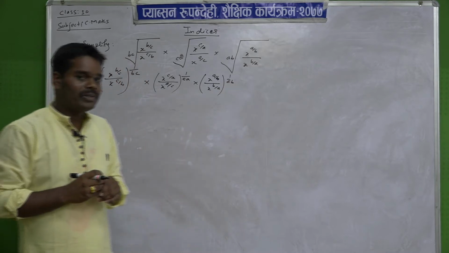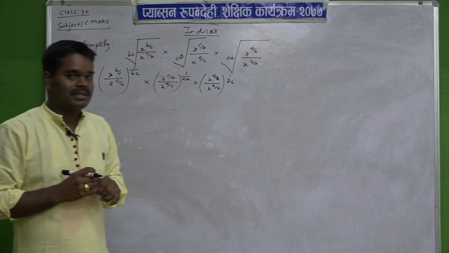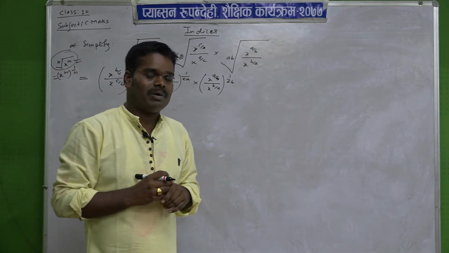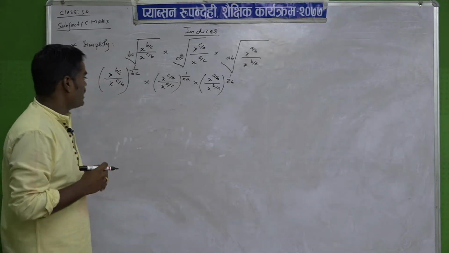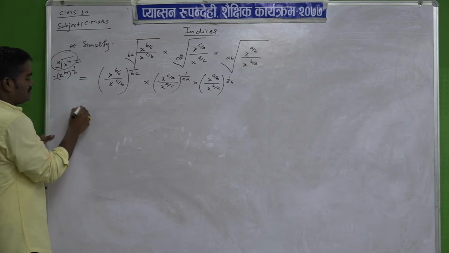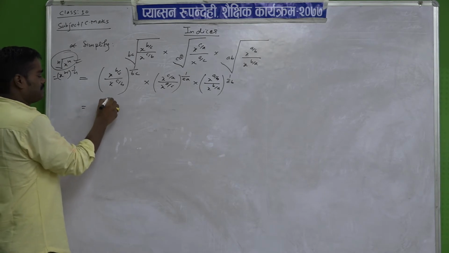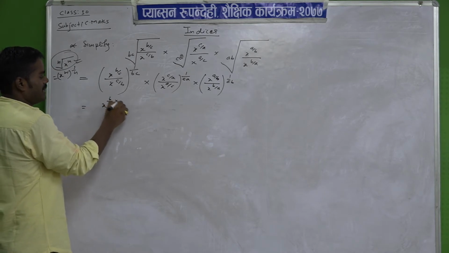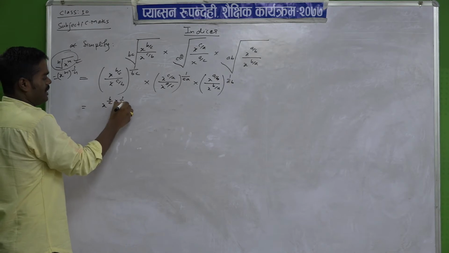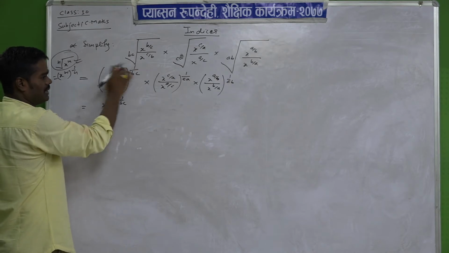We know that if power over power, then they are multiplied. So it became x power b by c into 1 by bc, power over power, then they are multiplied.